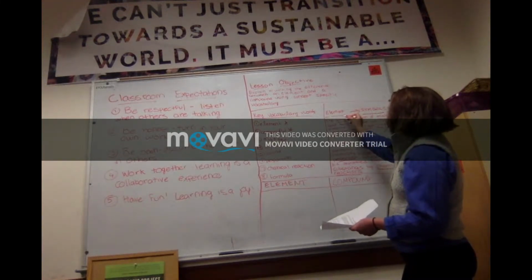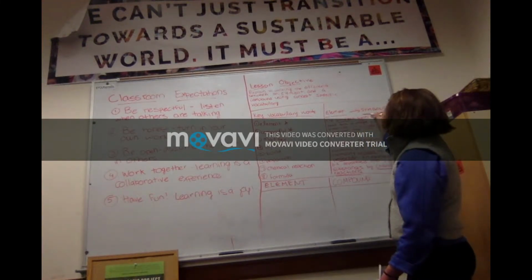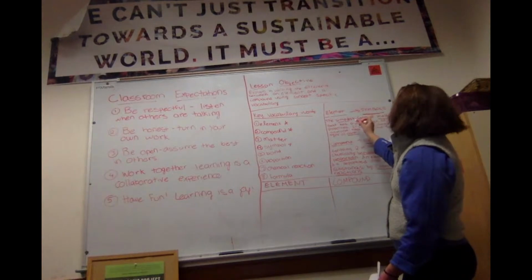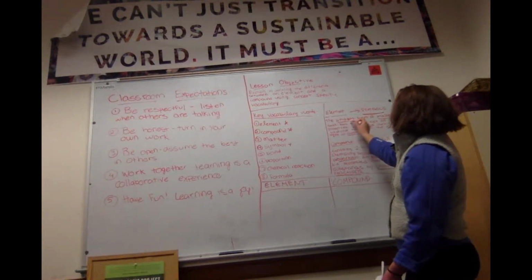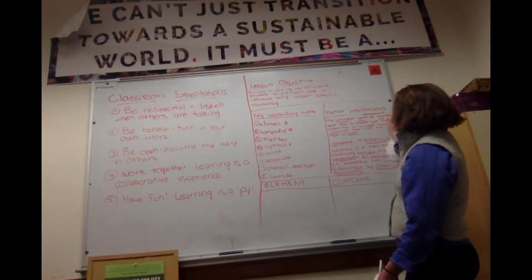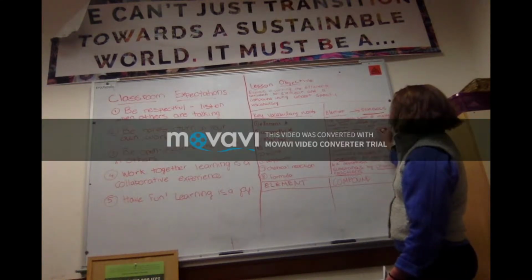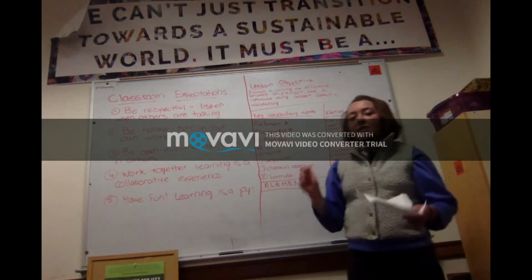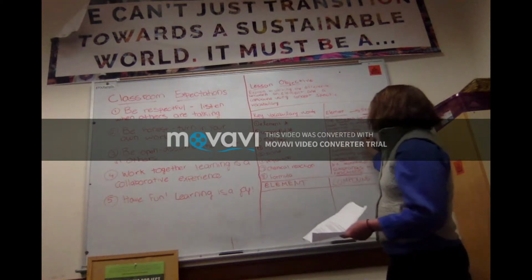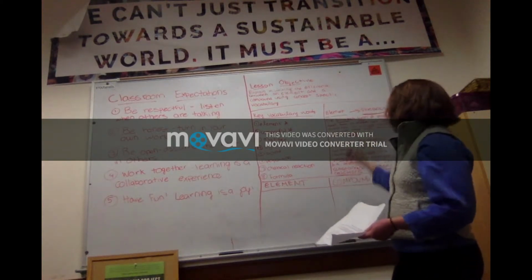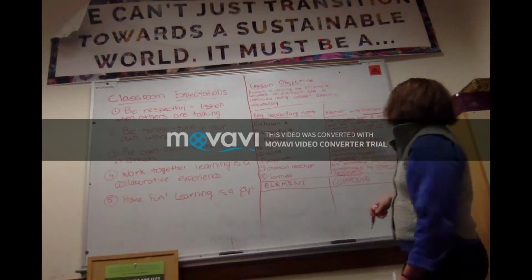So an element is represented using symbols. That's a keyword. An element is the simplest form of matter that has a unique set of properties. It is a pure chemical substance made from the same type of atoms. Atom's a keyword too, right? You guys see those underlines?